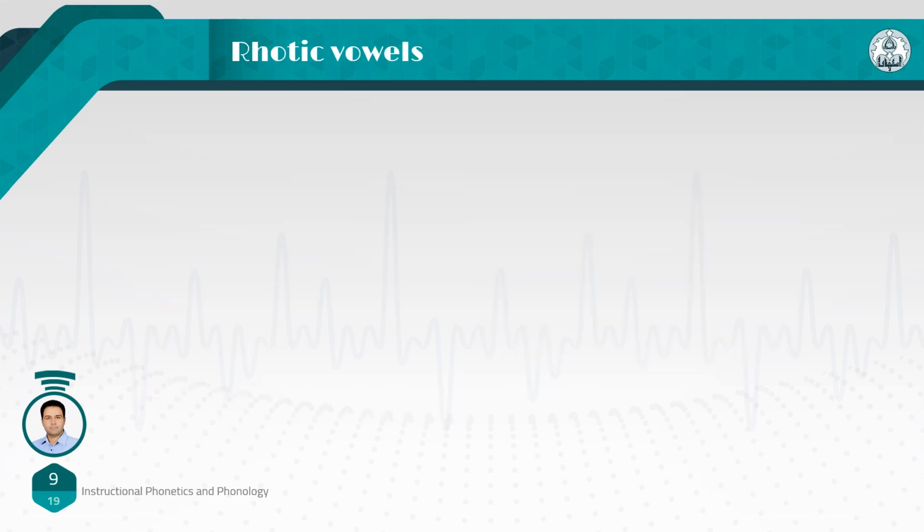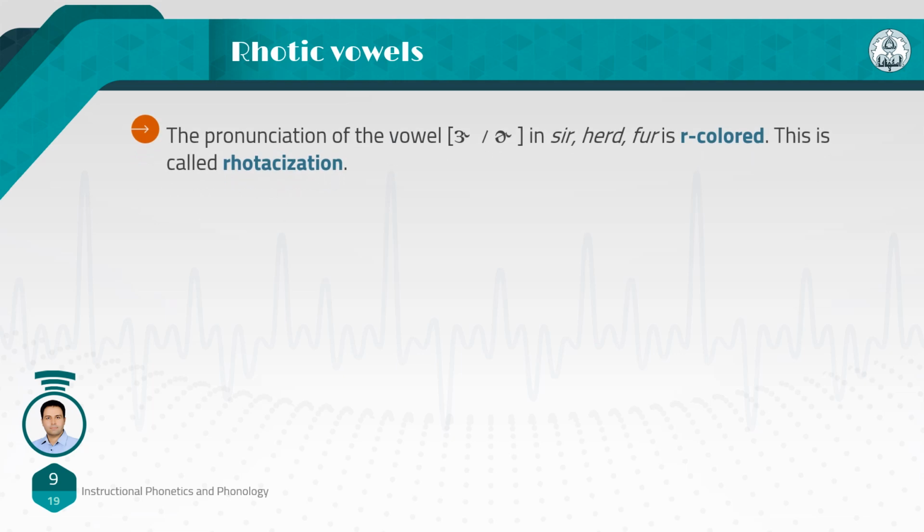The only common stressed vowel of American English not shown in the figure in the previous slide is this one. You can see that we show it by the two symbols, either of them, as in sir or heard or fur. This vowel does not fit on the chart because it cannot be described simply in terms of features like high, low, front, back, rounded, unrounded.